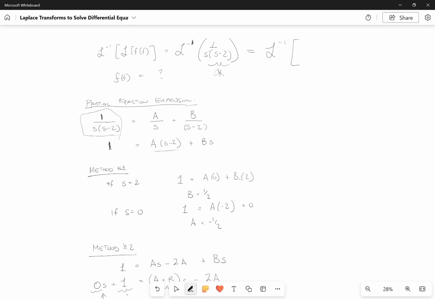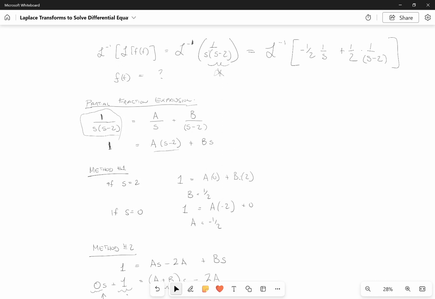Well, A is negative 1/2. So we have negative 1/2 times 1 over s plus B, which is positive 1/2, times 1 over s minus 2. Okay, so this is what we have.